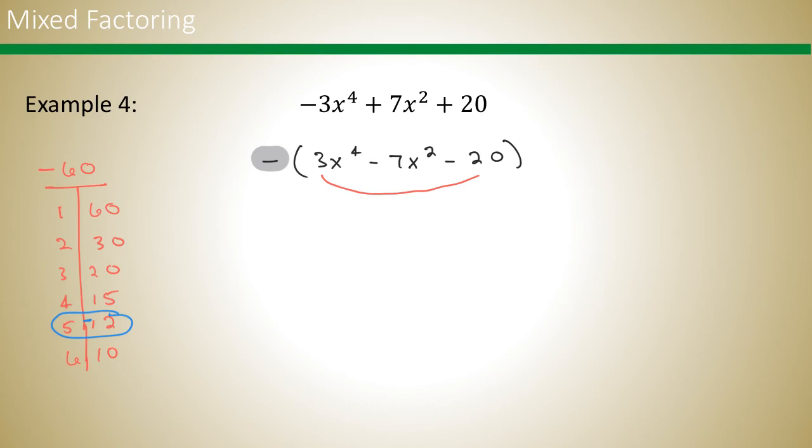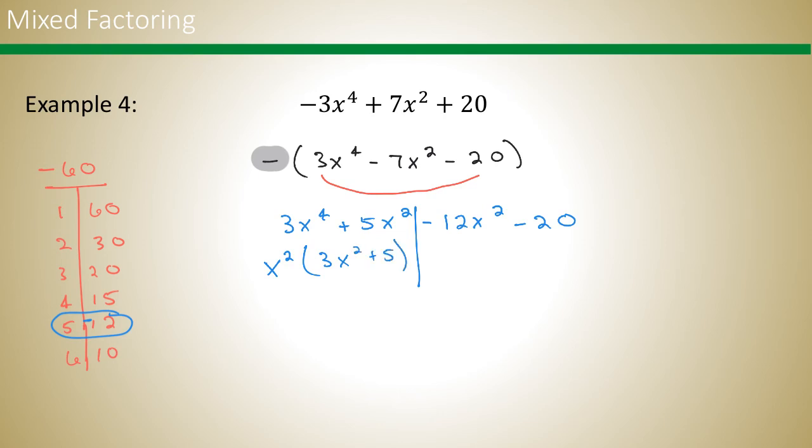Okay, so let's factor this thing by grouping. So let's rewrite it as 3x to the fourth plus 5x squared minus 12x squared minus 20. We're going to break it into two groups. This first group, it has x squared in common, and that's going to leave me with 3x squared plus 5.